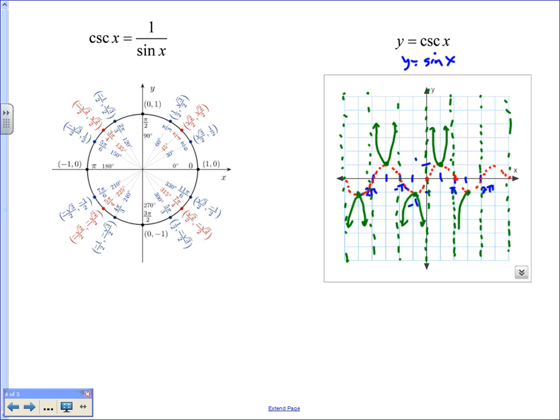Oh, look, I forgot this one. So as long as we can graph sine, we can graph cosecant. Okay, so let's talk about what we can know about this.